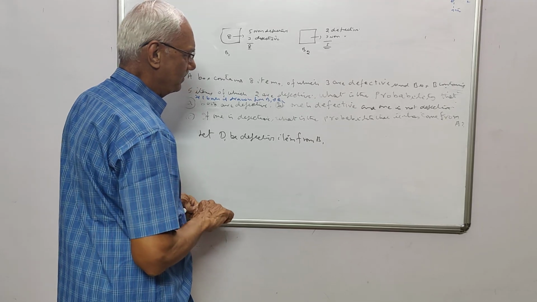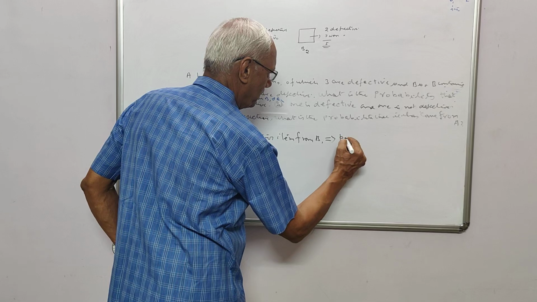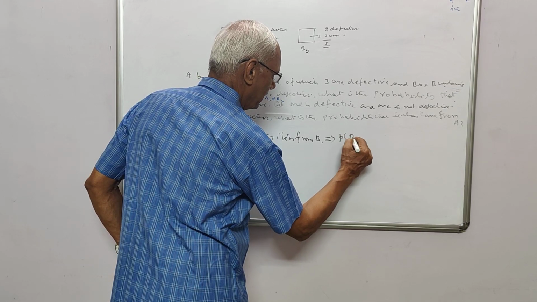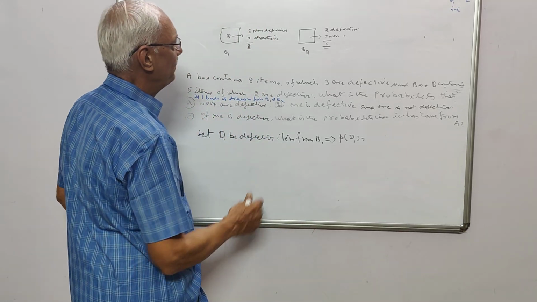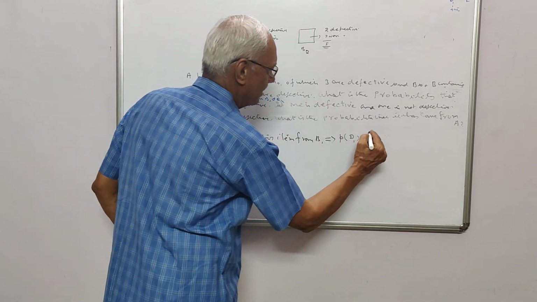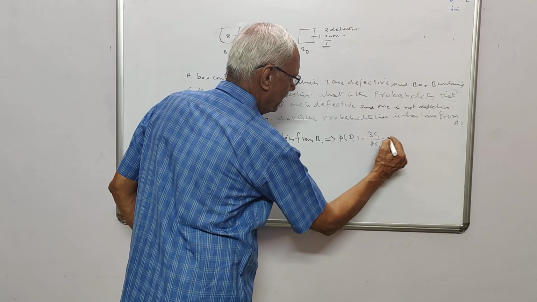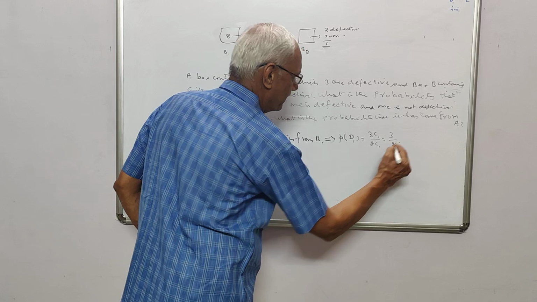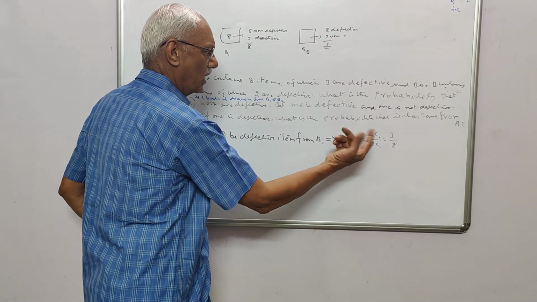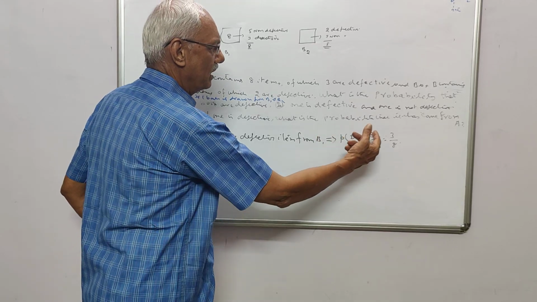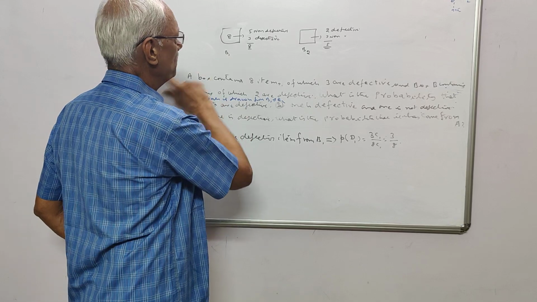So this implies the probability of D1 is equal to, how many defective items are there? 3. So 3C1 divided by 8C1. So this is the probability that one defective item will be removed from the box B1.